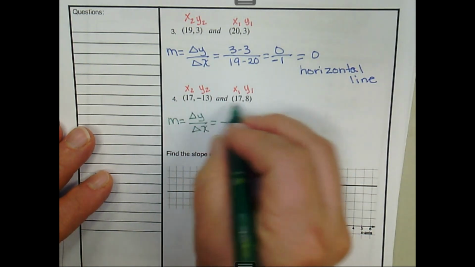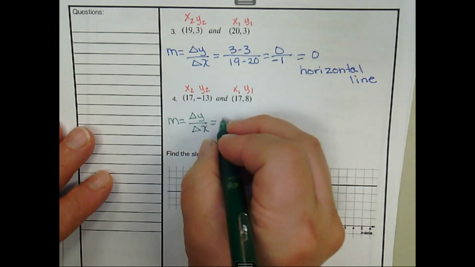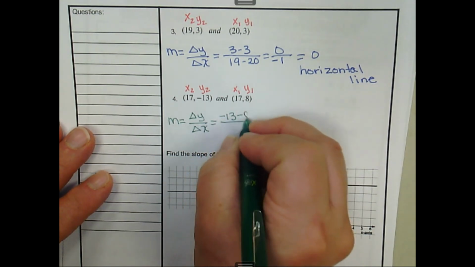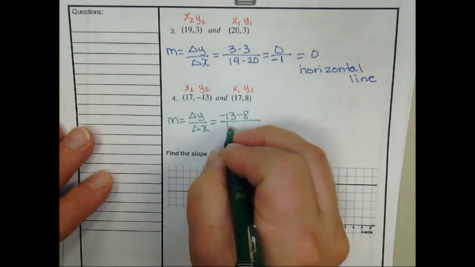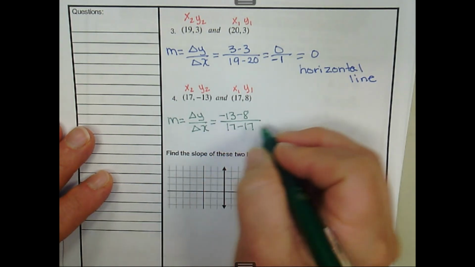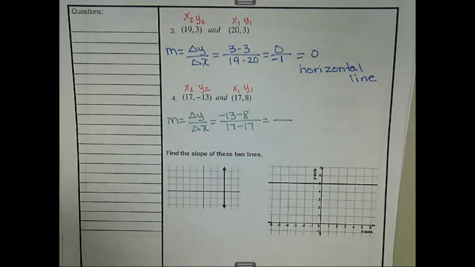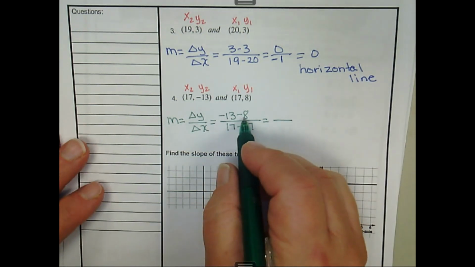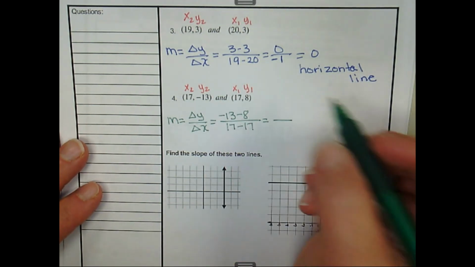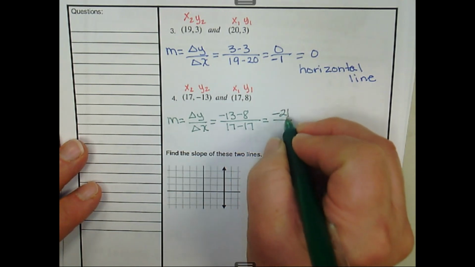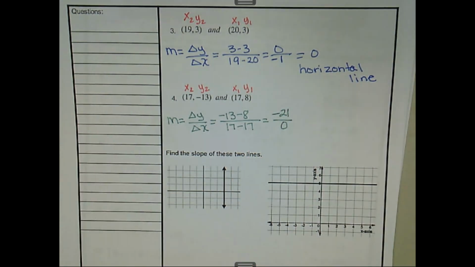Okay, y is negative 13 minus 8. X is 17 minus 17. So negative 13 minus 8 more is negative 21 over 0.